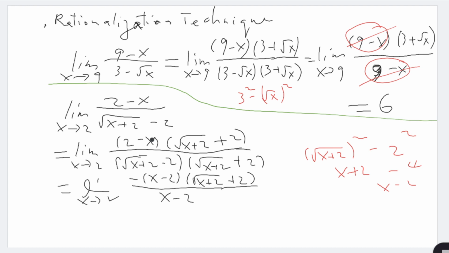Now, I want to point out though, we multiply the denominator out because we try to rationalize the original denominator. In the numerator, we cannot multiply this out. If we multiply this out, the 2 minus x is gone.